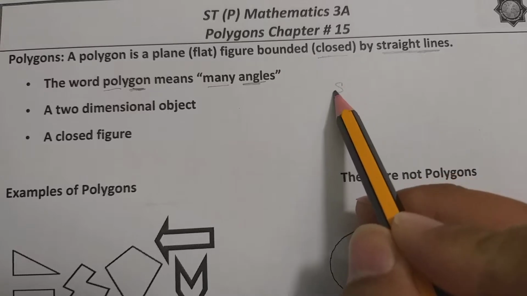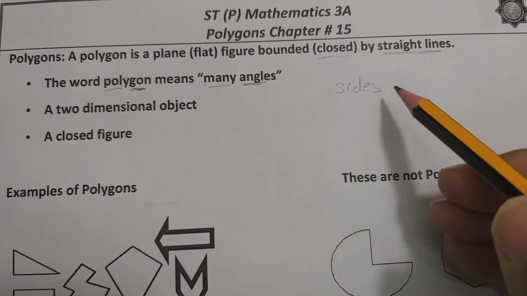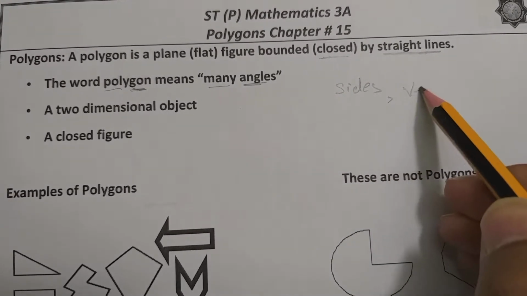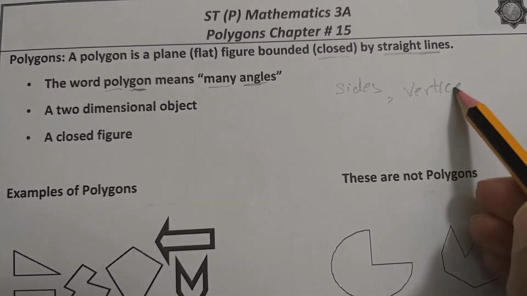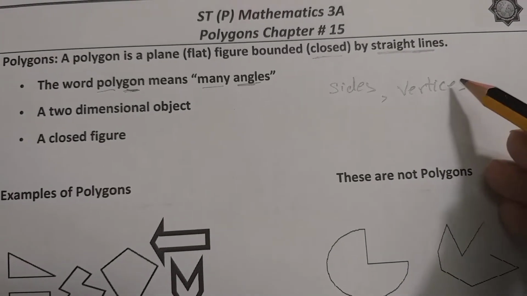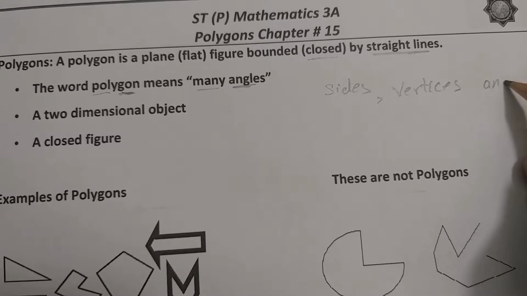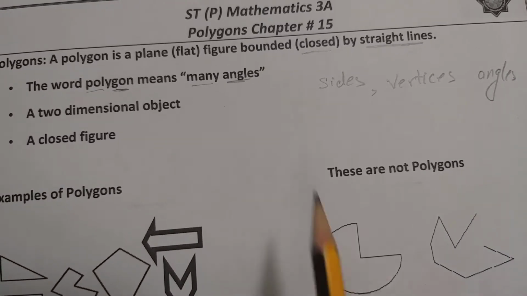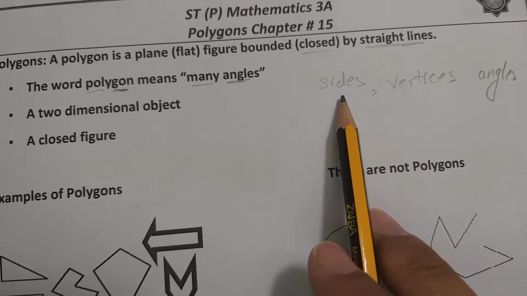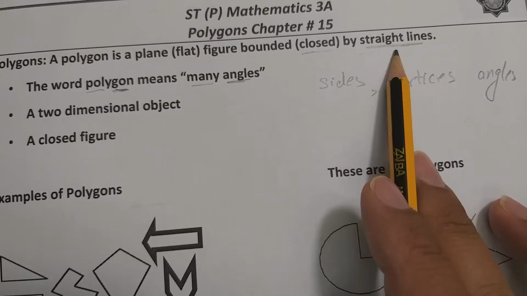The polygon can be based on sides, vertices, and angles. What are the sides? Straight line segments are called the sides.